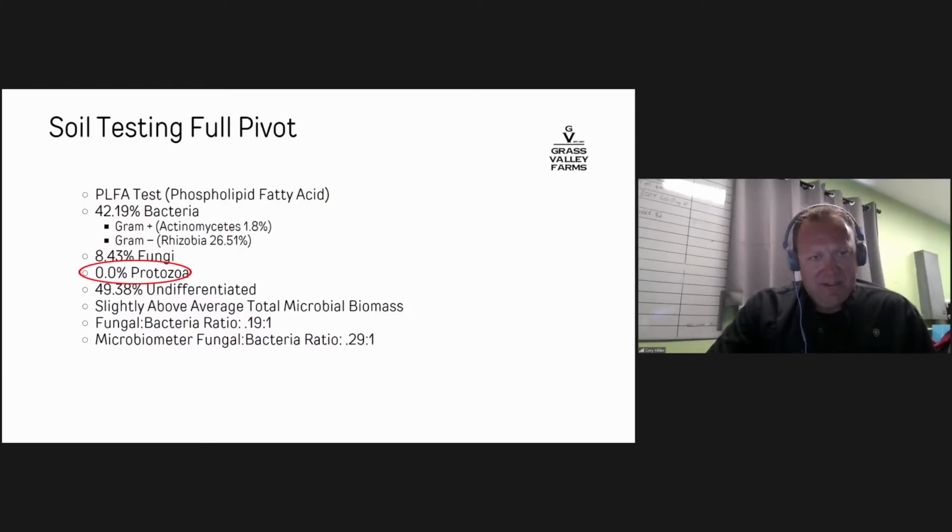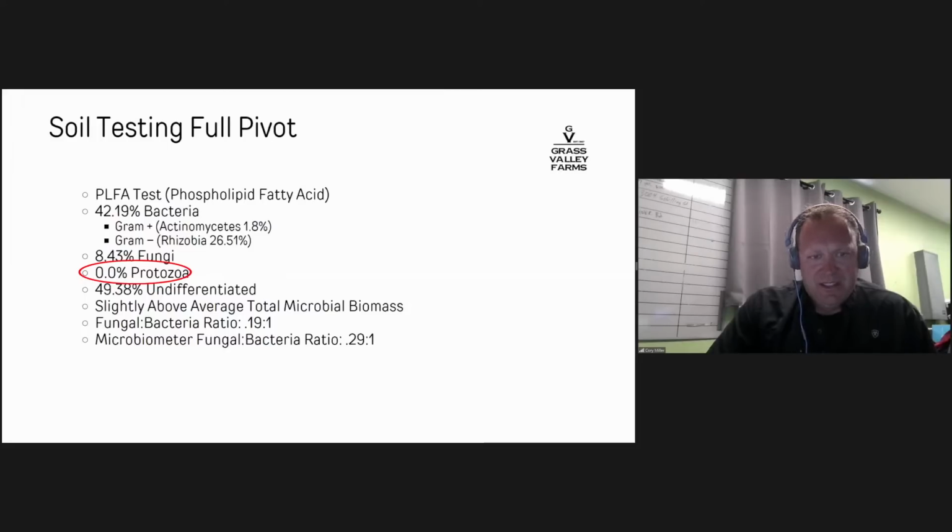So back to the testing. This is a PLFA test, a phospholipid fatty acid test, and it shows you the makeup of the microbiology in your soil. When I saw this the first time, I was petrified because I had no protozoa. Everything I learned in school showed me that they were an integral part of it, and I was scared my soil was not going to function without it.